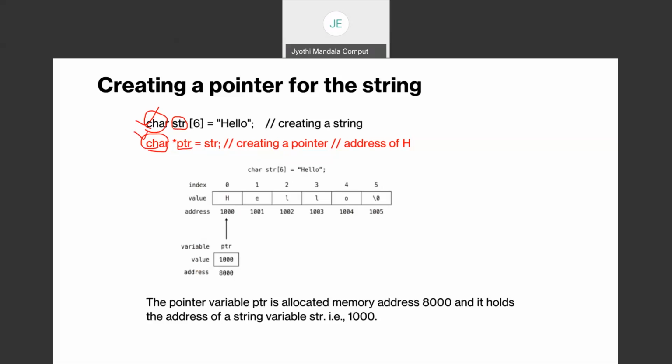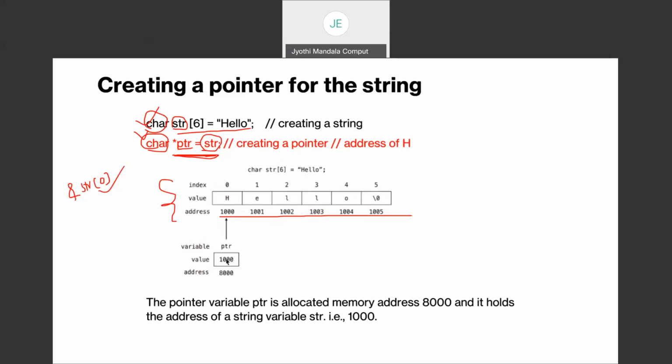Now what happens? Suppose if you write like this, then this will be created and the addresses will be created like this. Now if you are writing this statement, then what happens? What is the base address? Base address can be directly accepted by using str, or else you can write ampersand of str of 0. You can also write like this, in place of this one, which you already know. That we are trying to store in ptr.